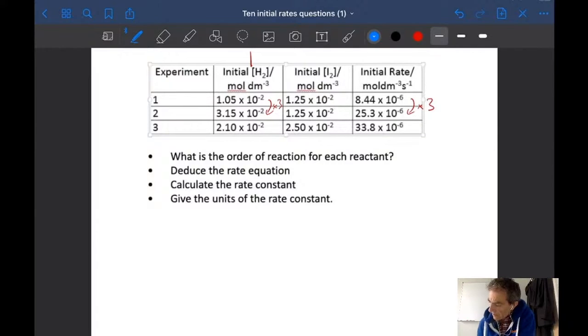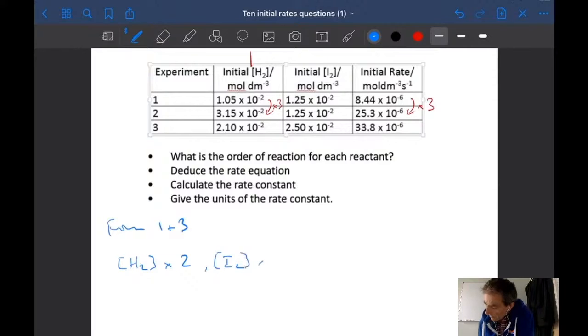So now for the tricky one where we can't keep the hydrogen constant, I'm going to use experiments 1 and 3. So from 1 and 3, we can see that the hydrogen concentration has increased 2-fold. The iodine concentration has also increased 2-fold.